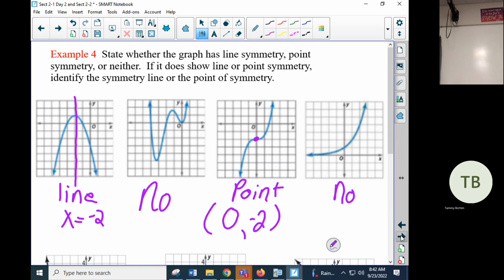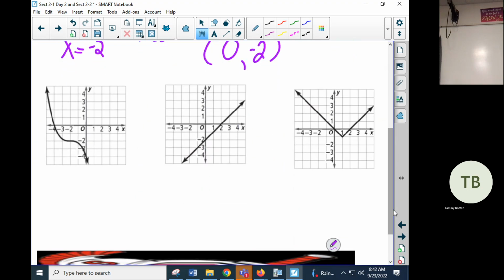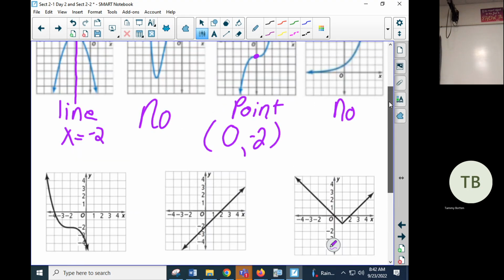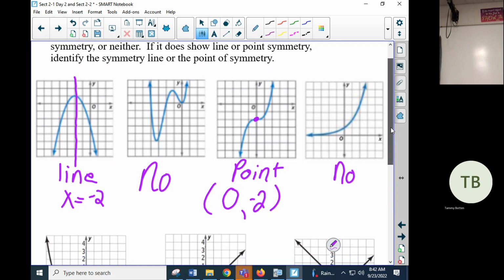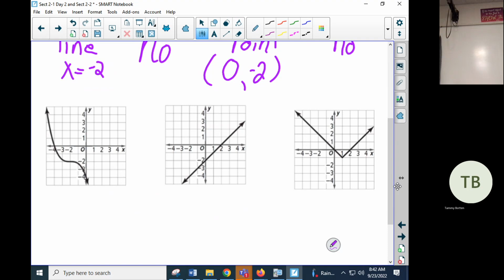Then if we go down here, whenever you have something that goes down and has this flattening out, like this one, or like this one that flattens out and goes down, that's when you're going to have point symmetry. So it goes down, same on both sides. This one you have to envision is going to come down and keep going. So this figure here and this figure here are the same pretty much.